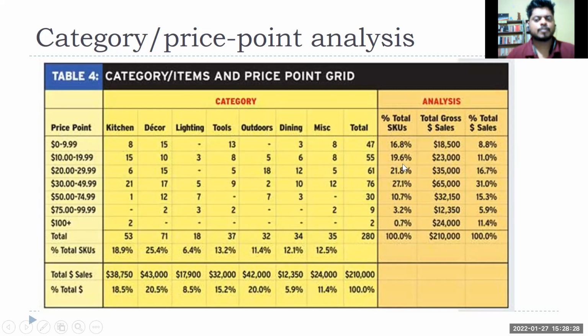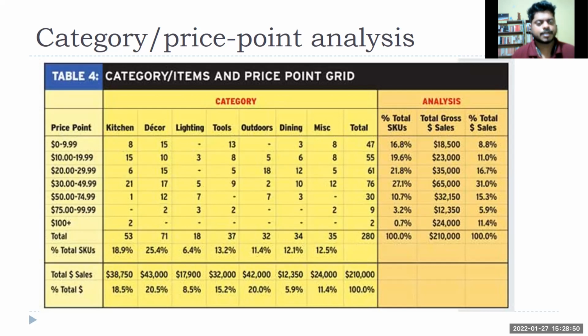These two are almost covering 50%. So the $20 to $50 price range covers almost 50% of your sales and 50% of your SKUs. This helps us understand our SKUs, our categories, and our price points.